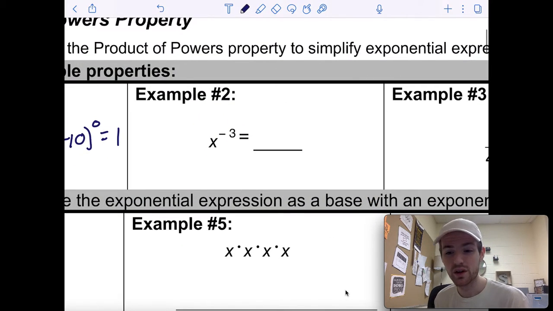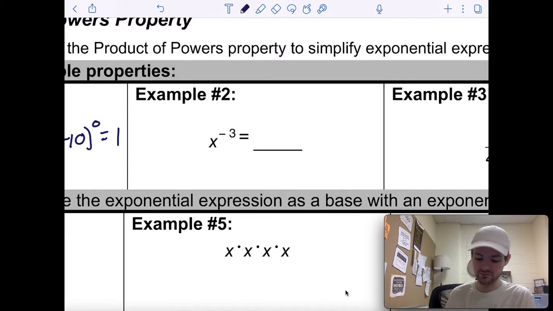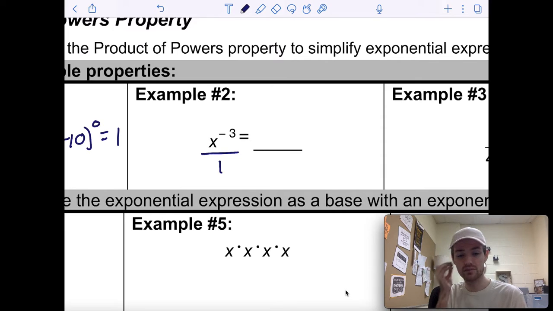Example 2 with negative exponents. This is the one that people have the trickiest time with. Let's remember we can write this as a fraction over 1. We're allowed to do that because dividing by 1 doesn't change the numbers here.